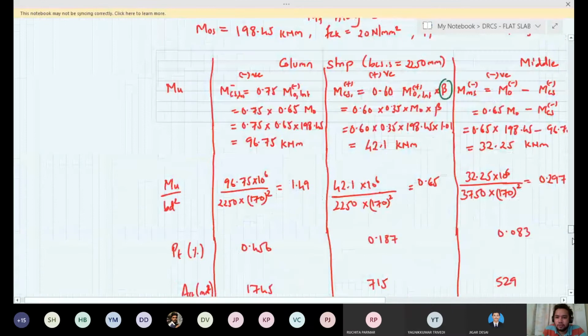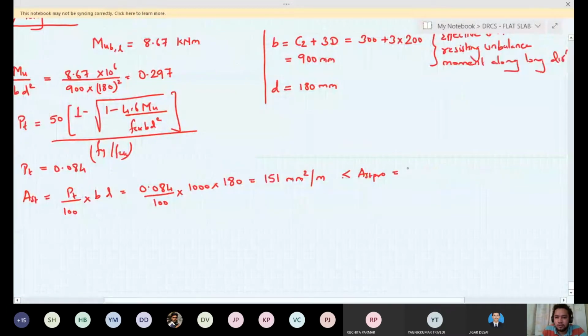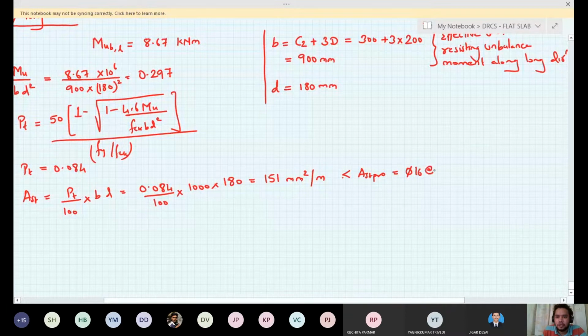The required 151 is less than Ast provided, which is 16 dia at the rate of 190 center to center, equal to 1058 mm square. So it is okay.